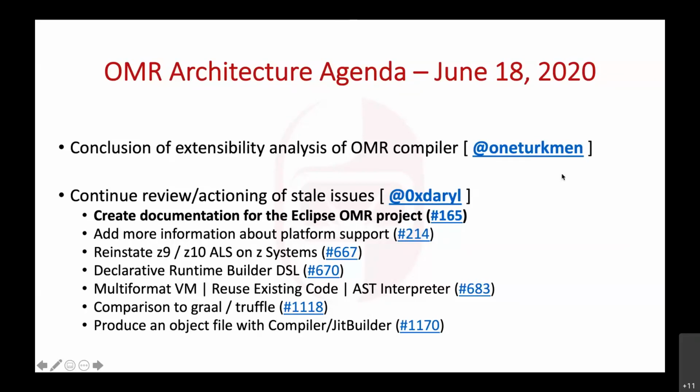Okay. And then the last one that I had on my list for today was 1170. That came from a question that somebody had asked about whether, if they built a compiler using JitBuilder, it would be possible to actually produce output in an ELF format.